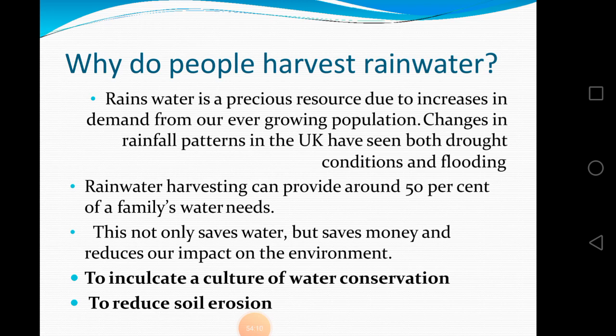All these various techniques we can use for the rainwater harvesting method, especially for the artificial method.